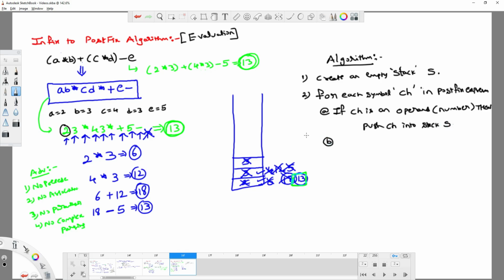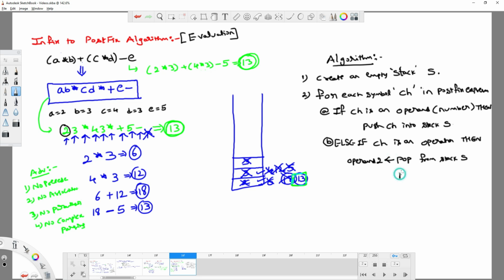If it is not an operand, what do you have to do? Else if ch is definitely an operator, then you have to pop elements. Pop from stack, and that will be operand 2.